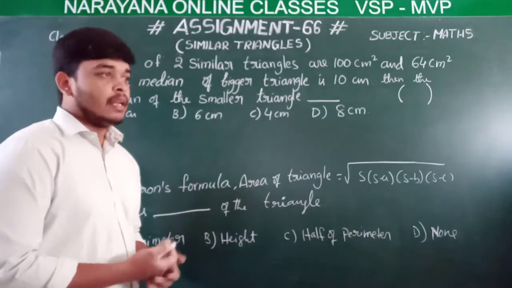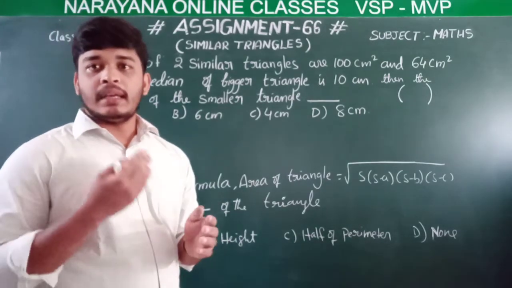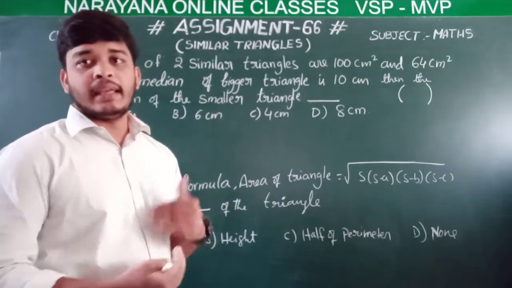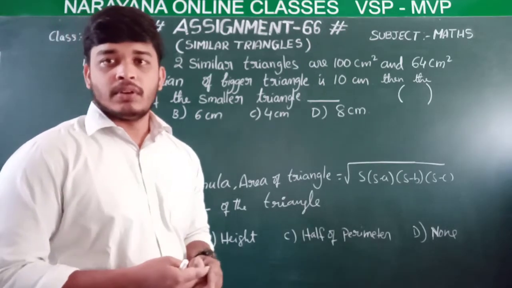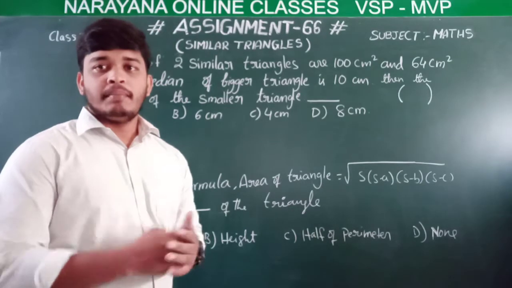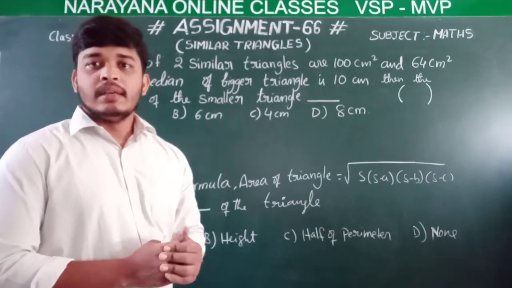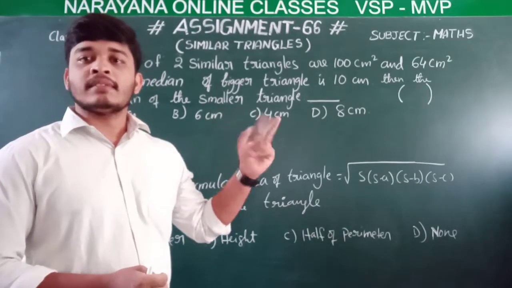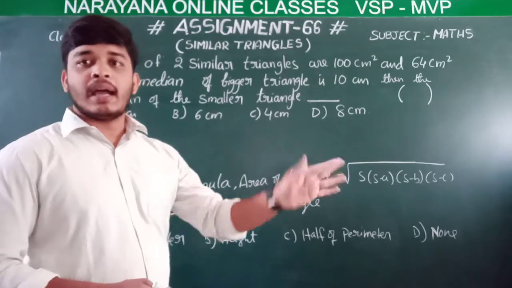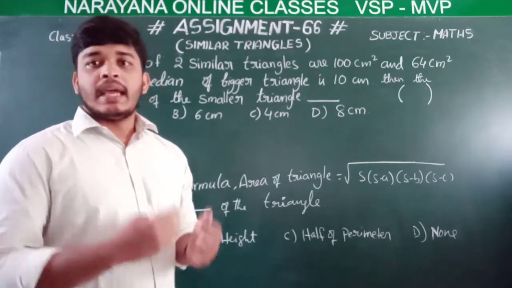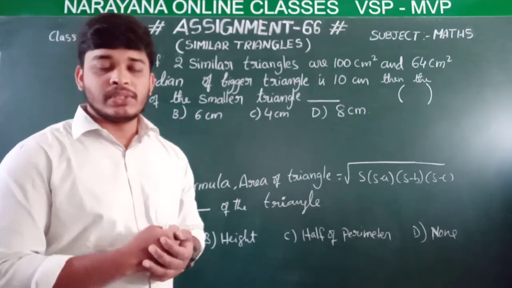See here children, let A1 be the area of the bigger triangle, A2 the area of the smaller triangle, M1 the median of the bigger triangle, and M2 the median of the smaller triangle. If two triangles are similar, what is the relation between area and corresponding sides? Area by area is equal to side by side whole square.